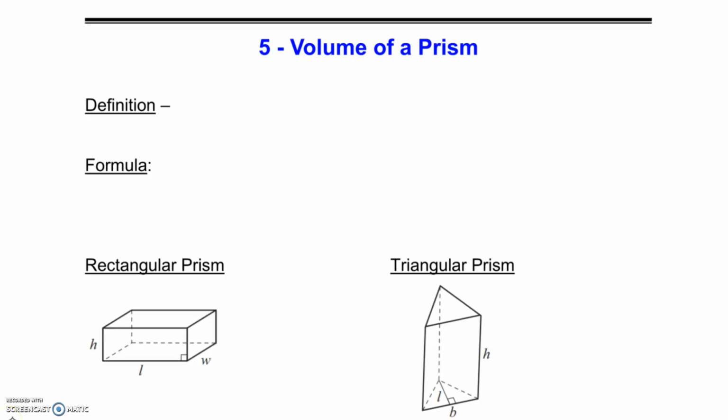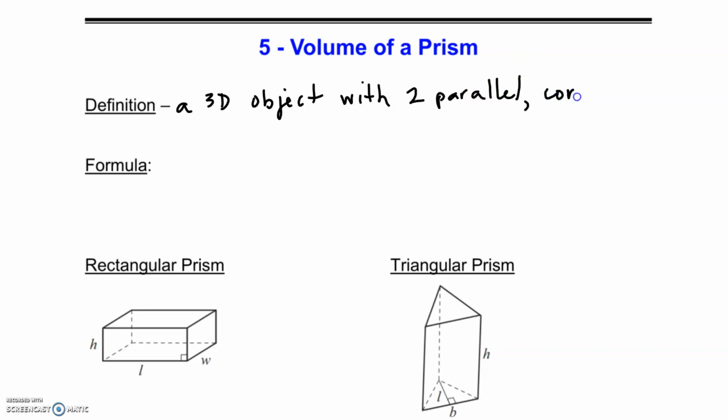Lesson 5 is volume of a prism. A prism is defined as a 3D object with two parallel congruent polygonal bases.